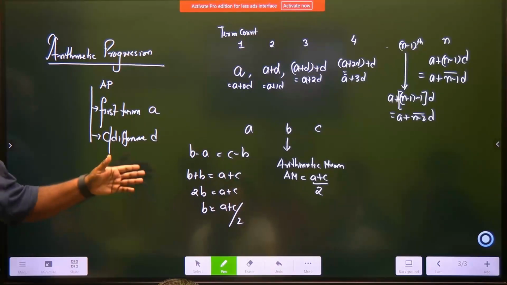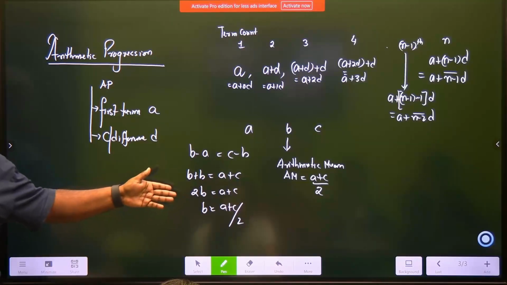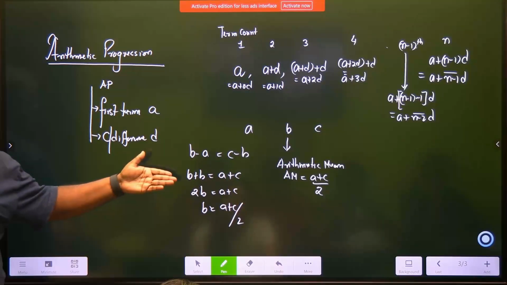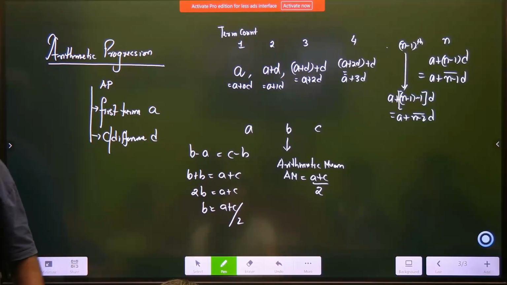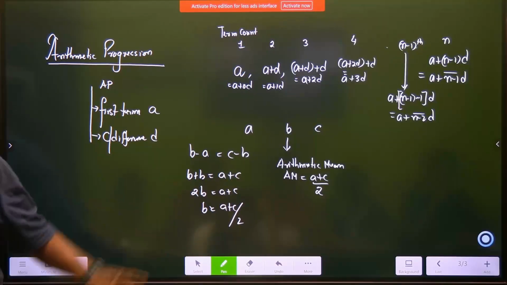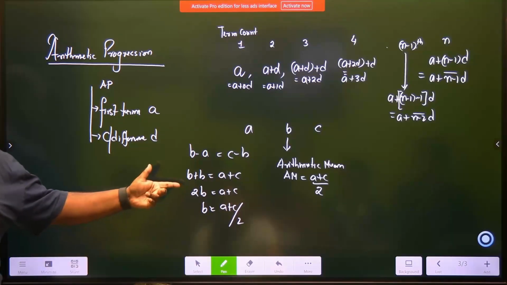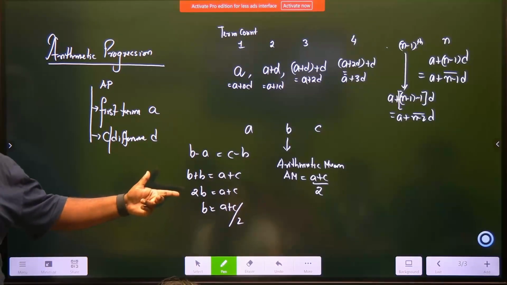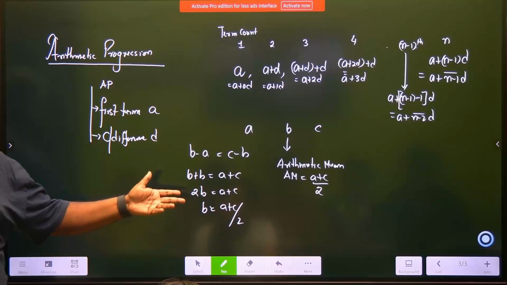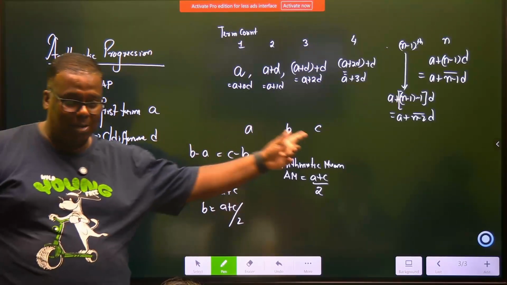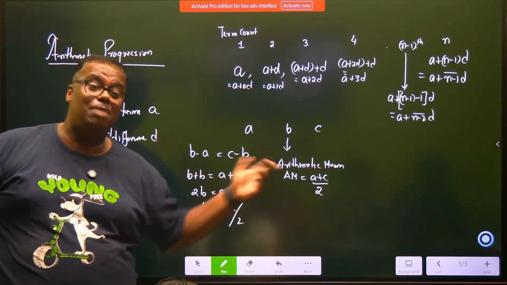If three numbers are in AP, you will need this a lot if you go for state board next year. In state board you will have a lot of sequence and series problems in grade 12 also. There you will have theory of equations as one chapter. There you will find how they mix it, if the three roots of a cubic equation are in arithmetic progression, then we take alpha, gamma and the other root as alpha plus gamma by 2.